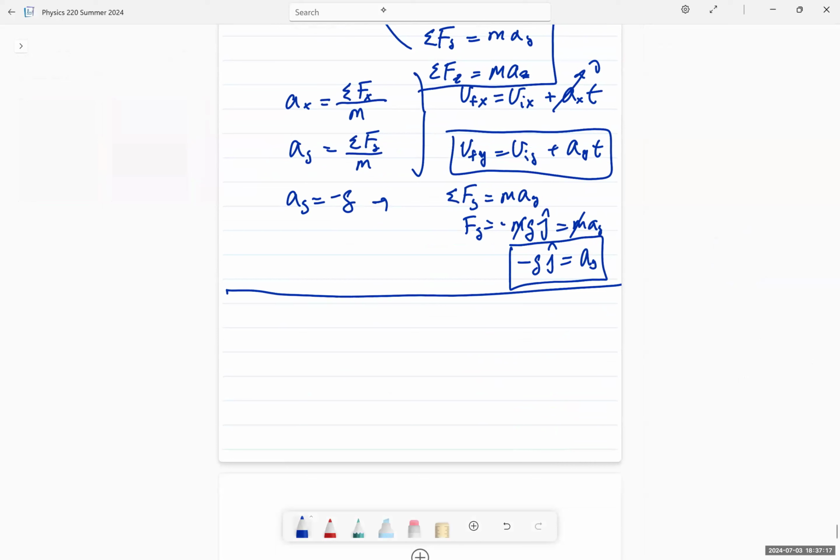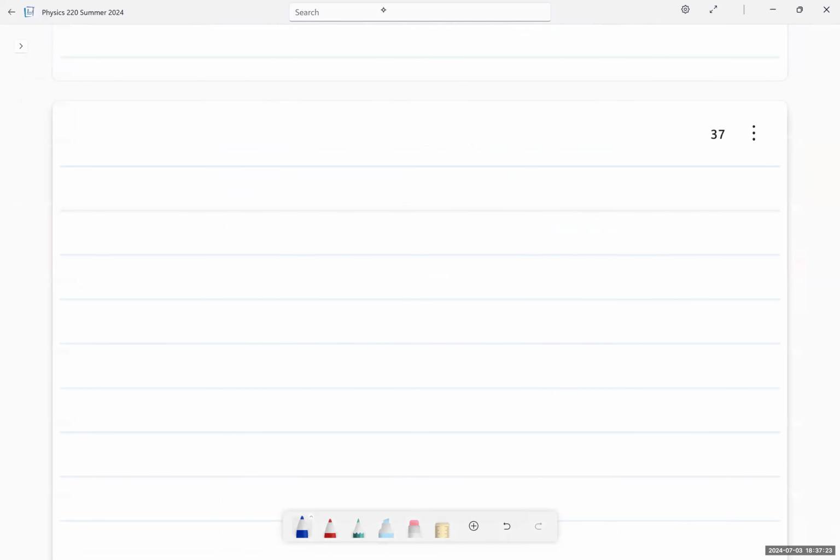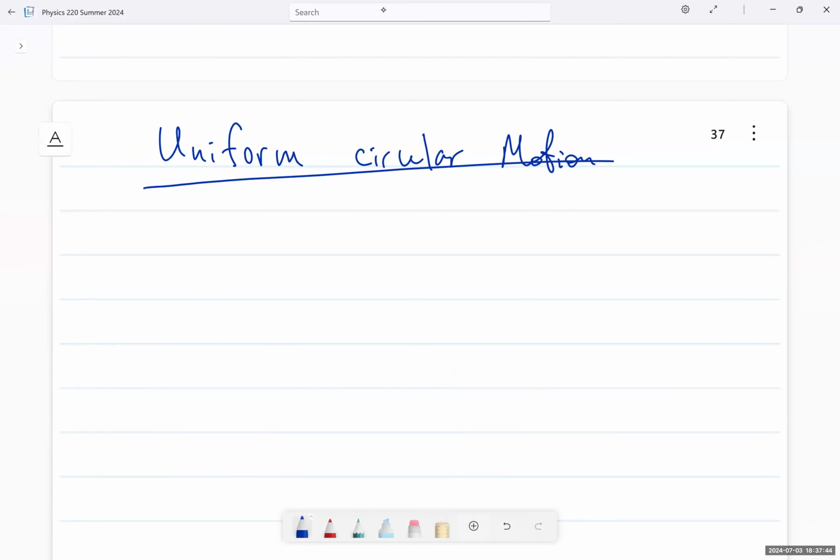What we have here is uniform circular motion.